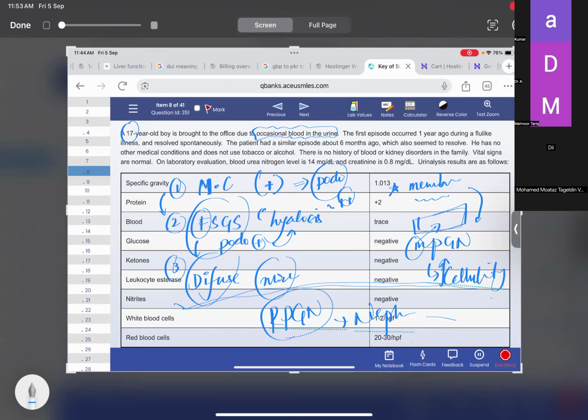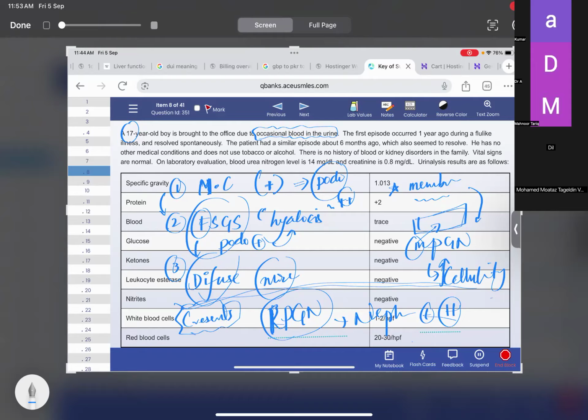It has both nephrotic and nephritic symptoms. So we have hematuria also in here, right? So the rapidly progressive is more severe than the others, okay? But over here we have crescents. The crescents lead to rapid progression to end stage renal disease, okay?